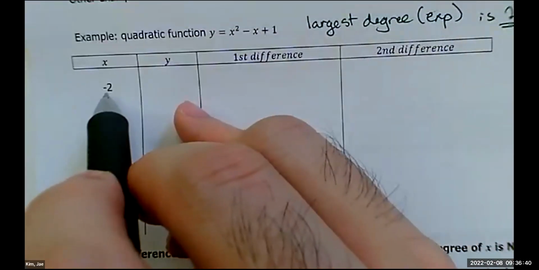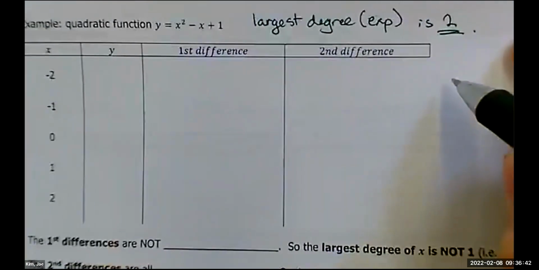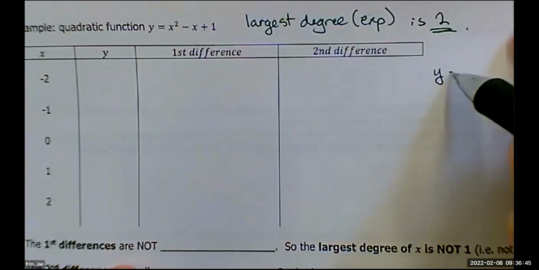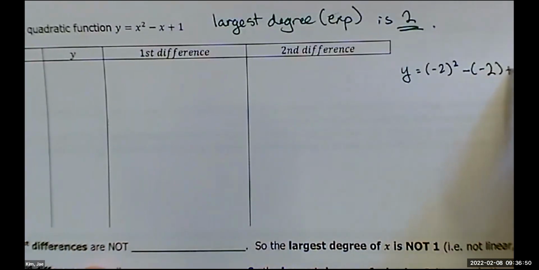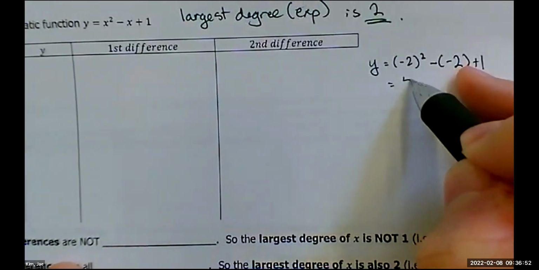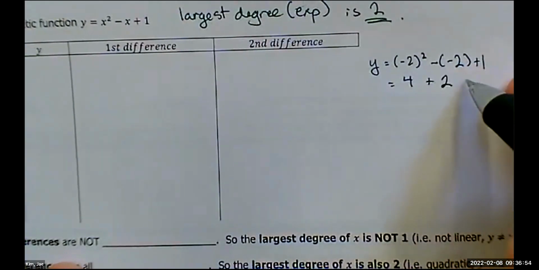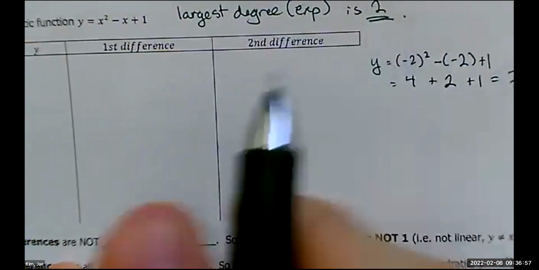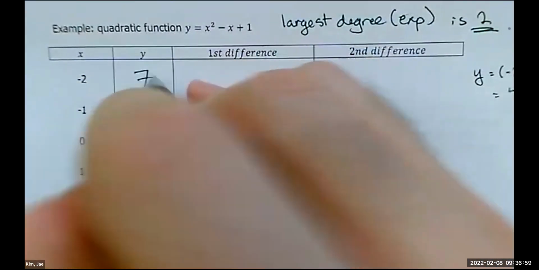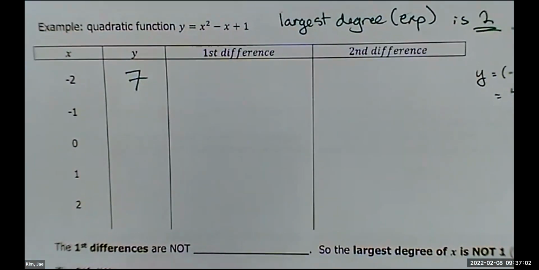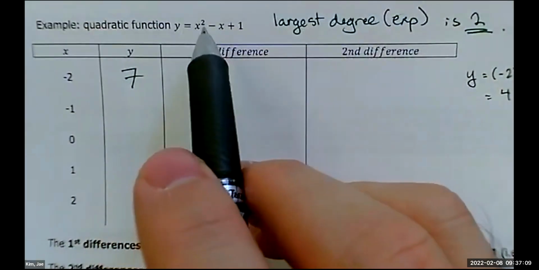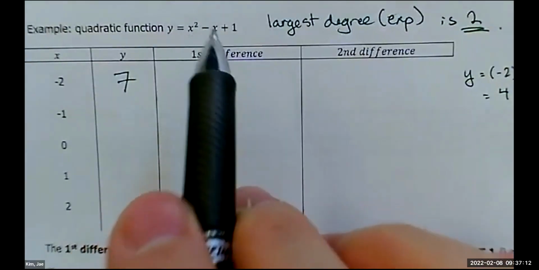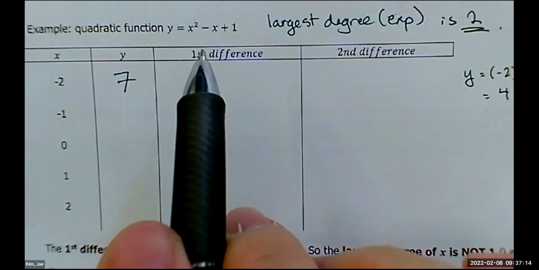So let's try it. I'm going to fill this in for you. If x equals -2, that's -2 squared minus -2 plus 1. That would be 4 plus 2 plus 1. That is a 7. If x is -2, my y is 7. Let me do some mental math here. -1 squared is 1. Minus -1 is plus 1.